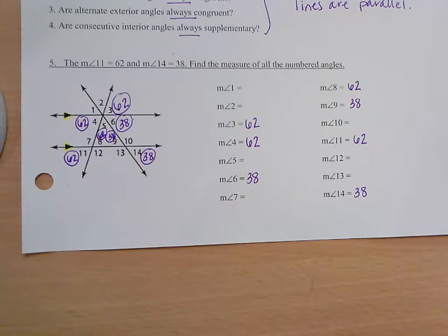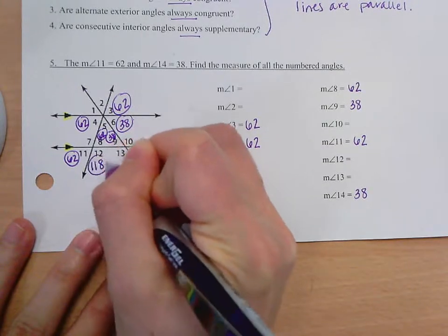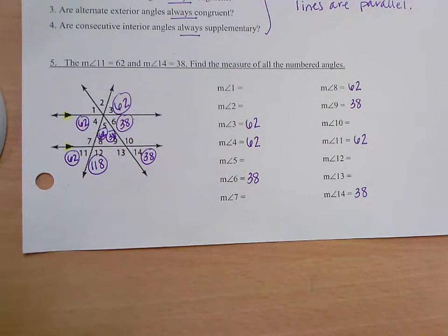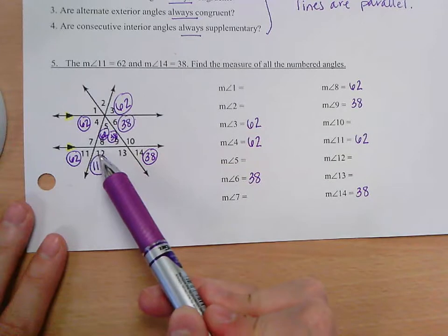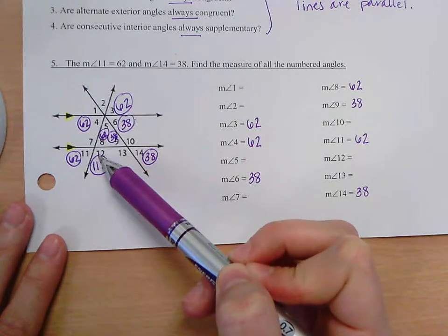12 is not 38. Twelve is, okay, hold on, quiet please. 12 is 118. Why? Yes, 11 and 12, or even 8 and 12 are a linear pair.